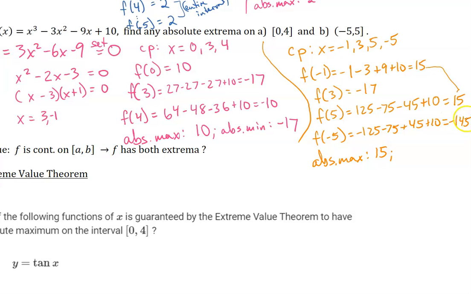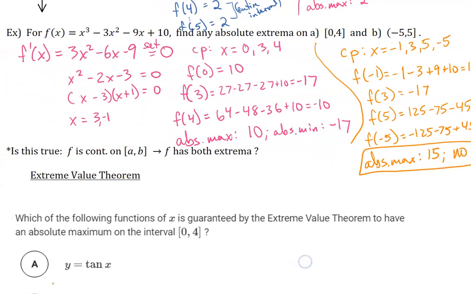So the fact that this is lower than this tells us that there is no min on this closed interval, because we have something that's getting closer and closer to -145 as x gets closer and closer to -5 from the right. But this -145, since it's less than -17, disqualifies the -17. So there is no absolute min on that interval.